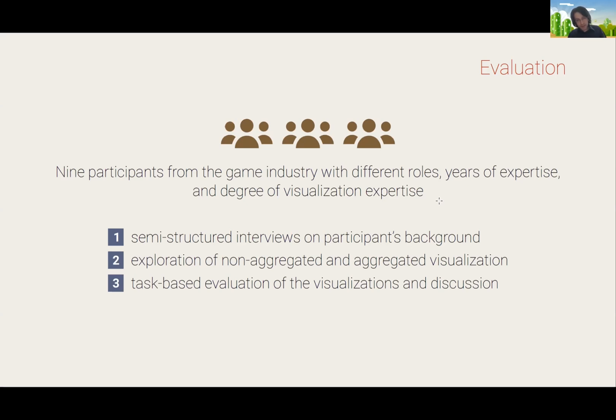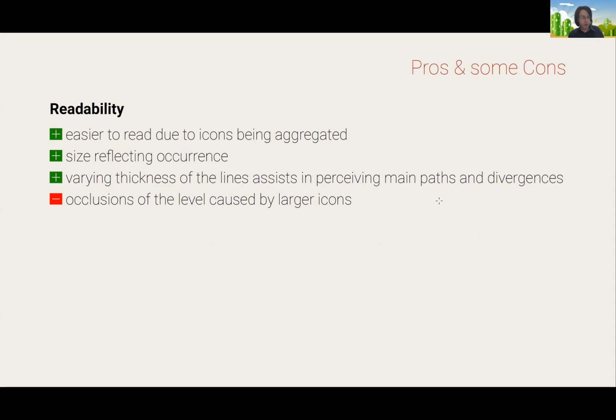Based on that analysis, I would like to quickly go through some of the results, and focus here on the aggregated visualization. I have grouped them according to different categories. The first category is the readability of the visualization.